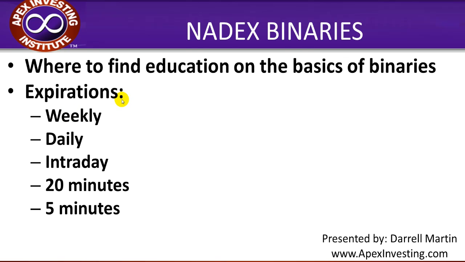5 minutes, see, this is about longer term. Longer term, of course, is relative depending upon how you like to trade. 5 minutes would definitely not be in the longer term category, so I probably wouldn't do a lot of butterflies on 5-minute contracts. You could try it, but most of the ones I do are looking at 20 minutes, intraday. Occasionally I'll be using dailies as well. I don't do too many weekly contracts because the thing with a binary is the maximum value, at least on a single contract, is $100.